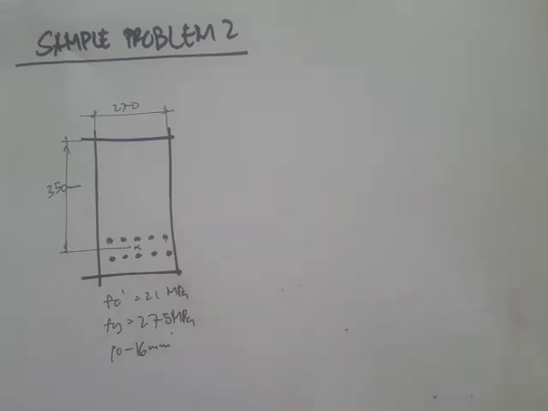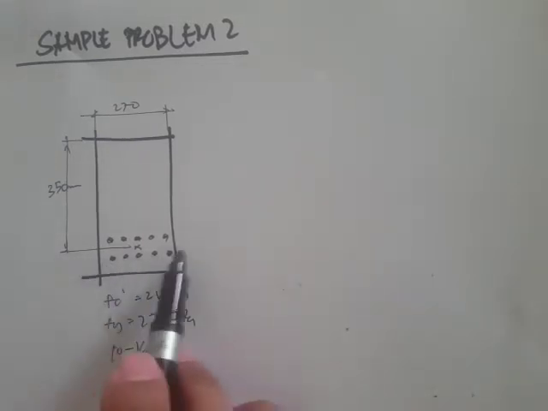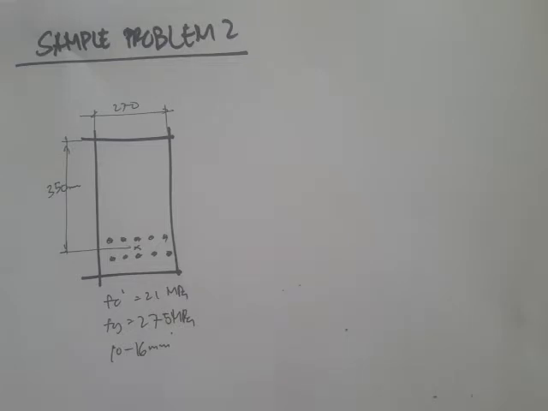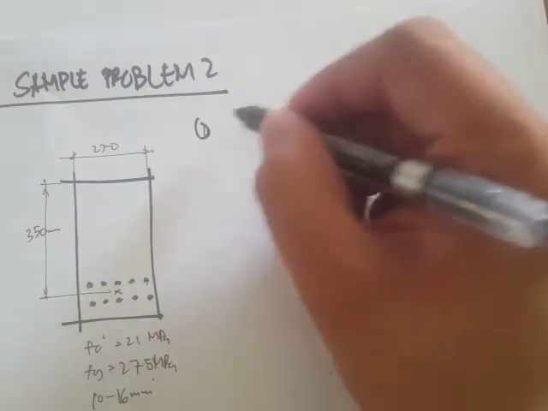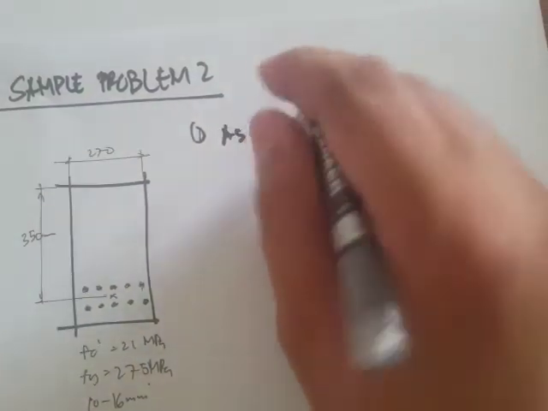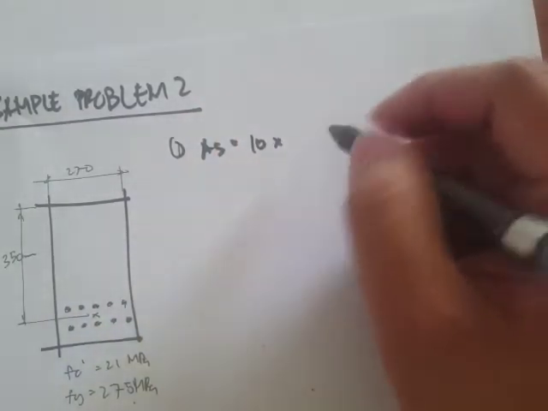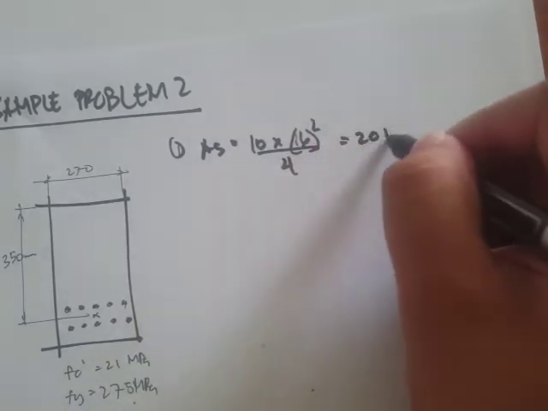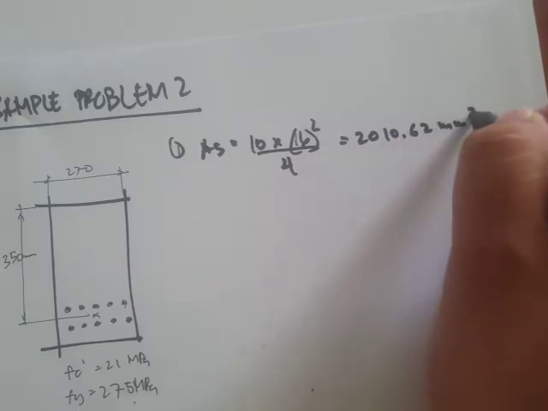At least we can get a feeling for what happens if we put a higher percentage of steel, say to the strength reduction factor or the moment capacity. Now let's solve for the As. As is simply 10 times 16 squared over 4, times pi, and that's 0.62 mm squared.